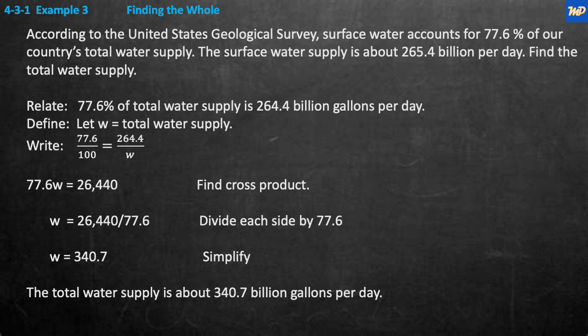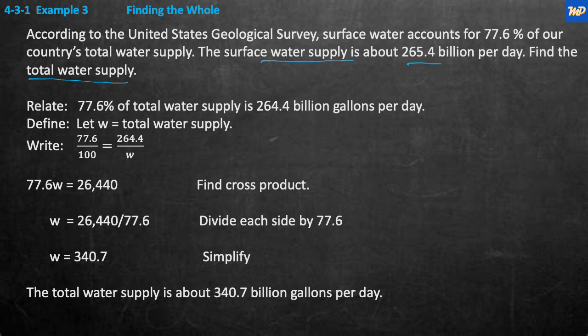Find the total water supply. So when it says find the total water, we're looking for the whole, right? They've given us the part. The surface water is a percentage of all of our water, and the surface water supply is about 265.4 billion gallons per day. Find the total amount per day.